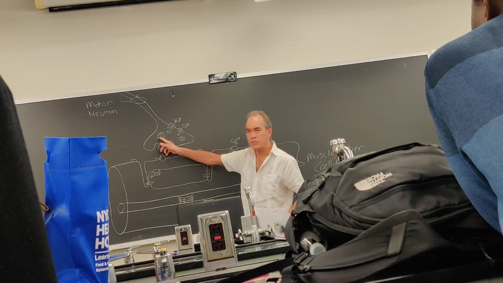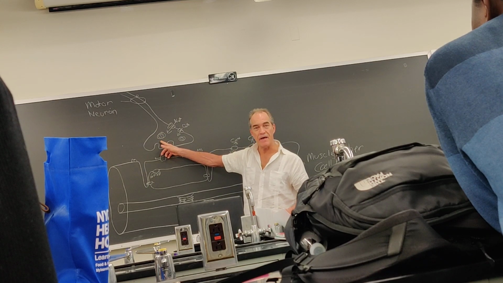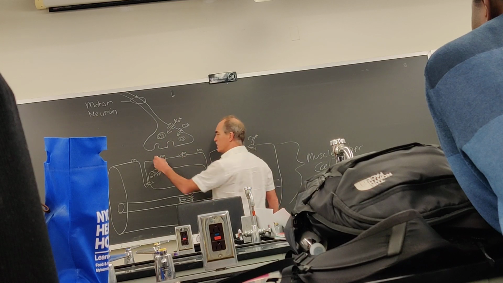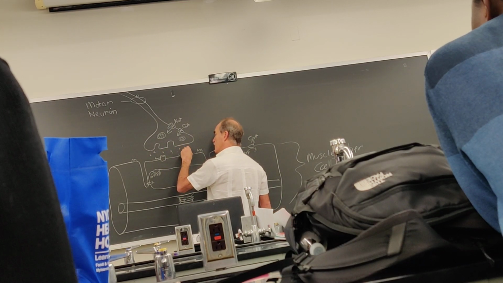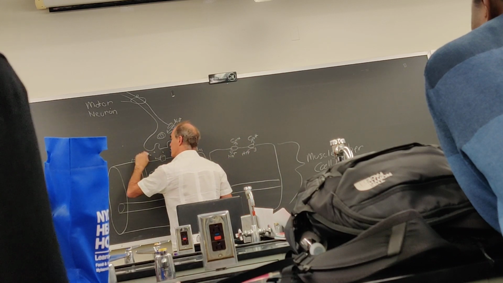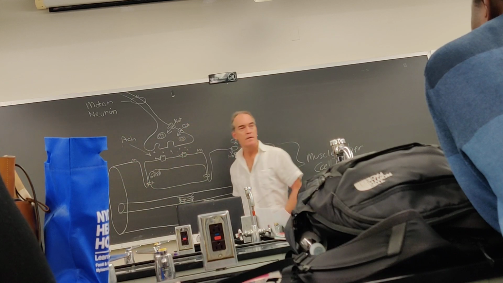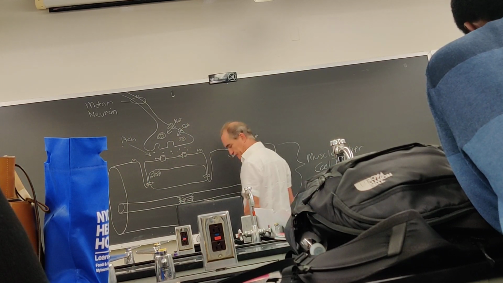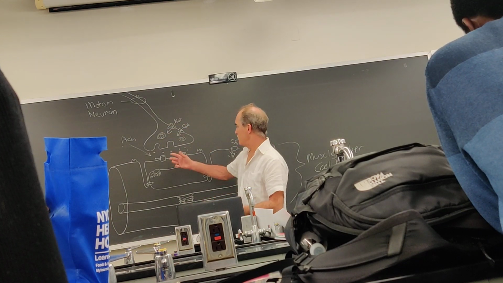You even know about the neurotransmitter that's released from the motor neuron. It's the same one, acetylcholine. So motor neurons use ACh for short, acetylcholine. Okay. Now, that's the easy part.